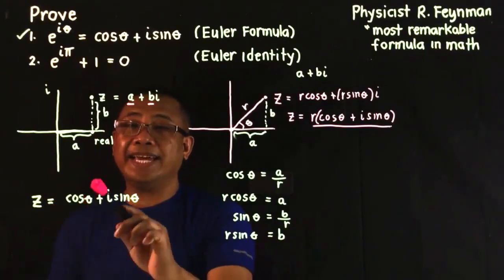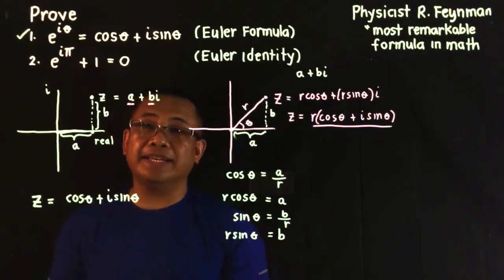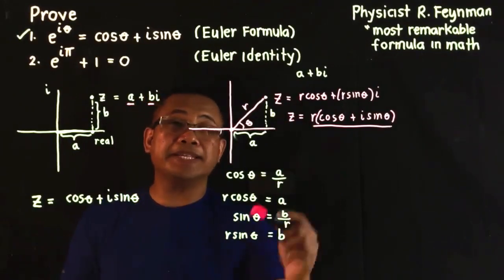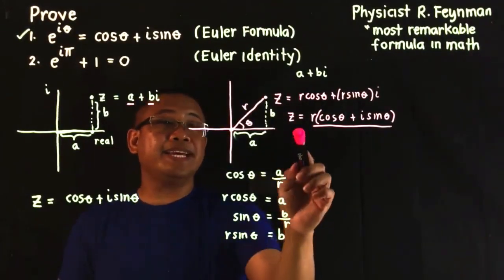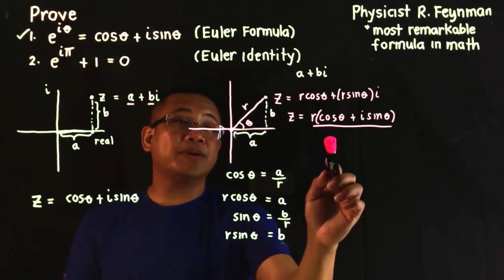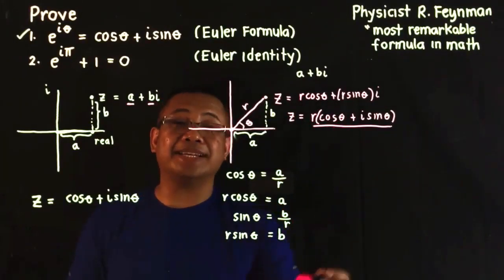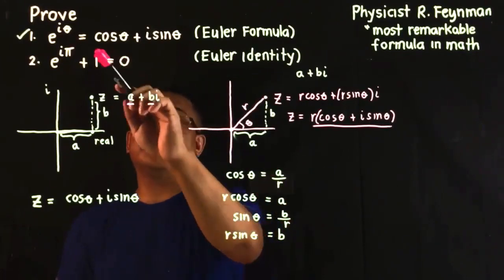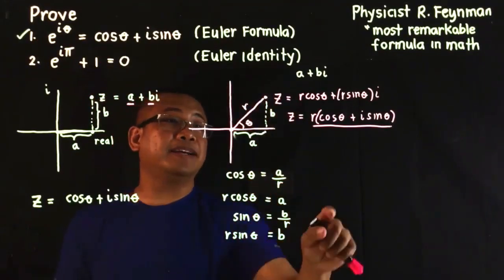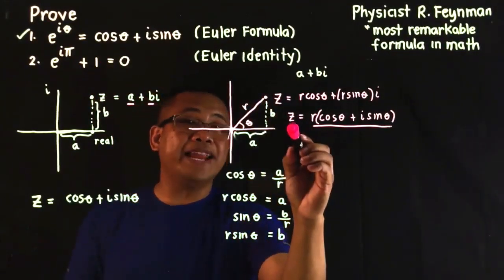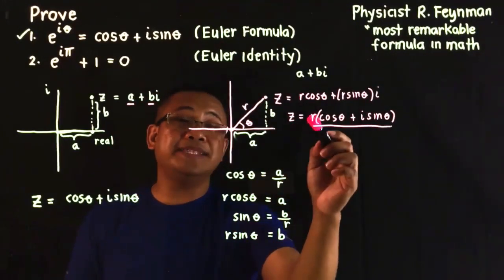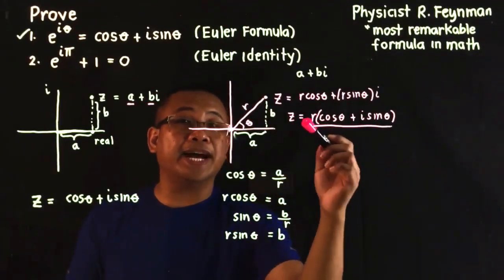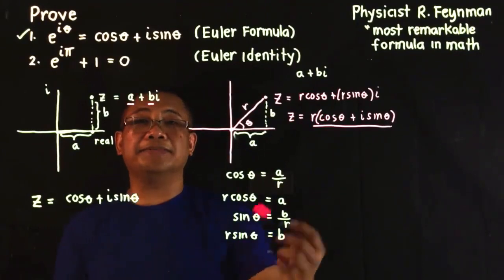So the point z in the Gaussian complex plane is equal to a plus bi, but in the complex polar plane, point z is equal to r times the quantity cosine theta plus i sine theta. We are going to begin our derivation of the Euler formula from this value of z when r is equal to 1. That means we are considering a unit circle with a radius of 1.